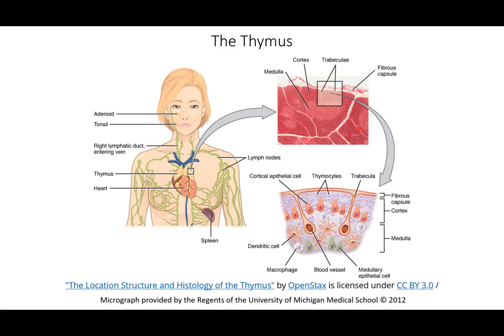And so the thymus is most active in that early stage in life, and after puberty, it is going to slowly start to decrease in activity and size and get replaced with a mix of fibrous and adipose connective tissue. And so we really don't have the thymus as a functional organ and part of the lymphatic system once we reach adulthood.